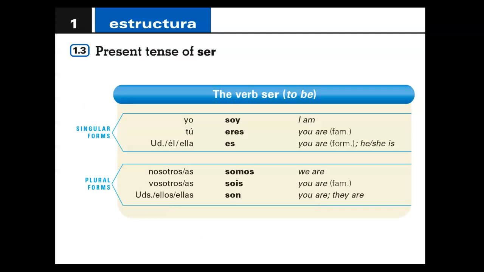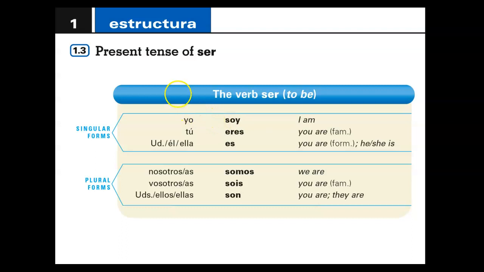Alright, so you have the verb ser, again, means to be. So for each pronoun, remember, these are your pronouns. And this is singular, so it means it's only one person. And these are plural, so these would be the ones for more than one person. So for each pronoun, you have its own verb. Like in English, if I want to say the word am, is, are, that's what ser means. That's what it's going to change to.